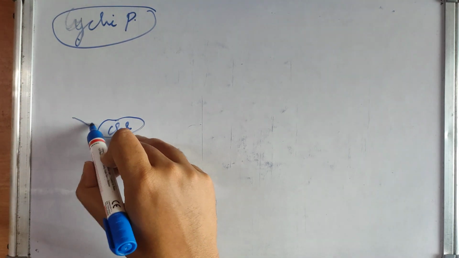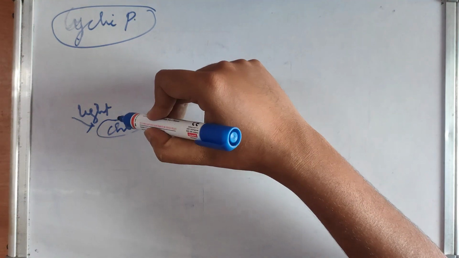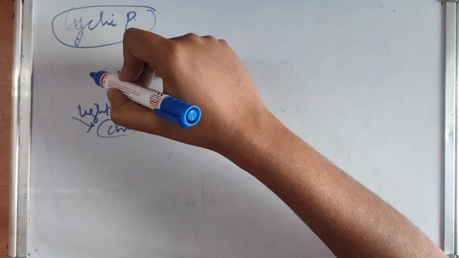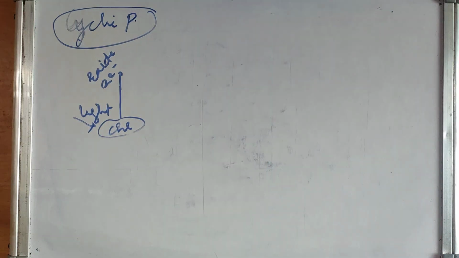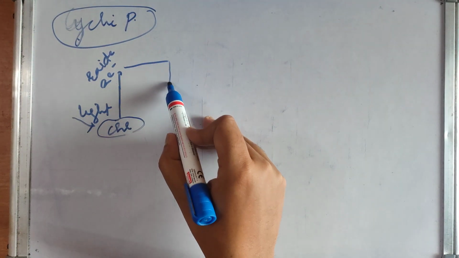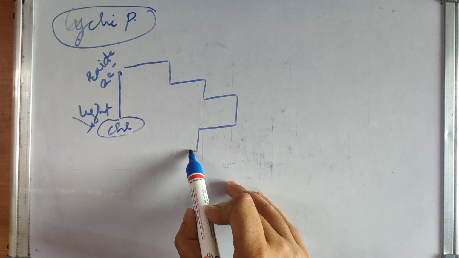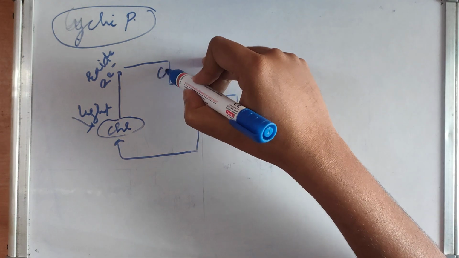When light is given to chlorophyll, two excited electrons come out, and they move through this pathway and come back to chlorophyll.